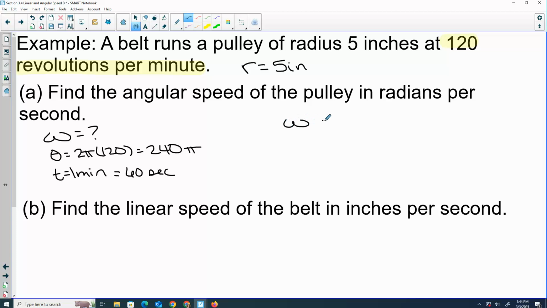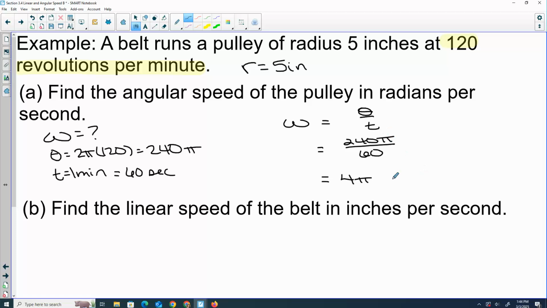So omega equals theta over t. So I have my theta in radians, 240 pi. My t is in seconds, so divided by 60. And we get 4 pi.